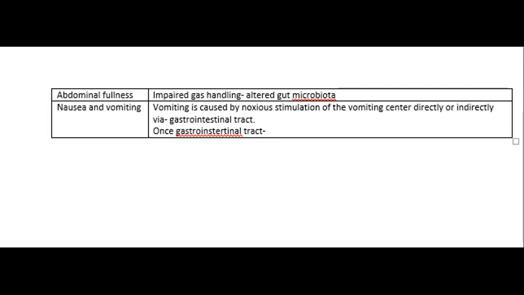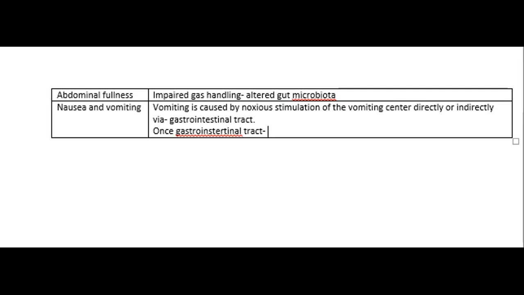To compensate for this, our stomach creates a mechanism to expel all these contents, and through this mechanism we get vomiting. Before vomiting, the vomiting sensation is nothing but nausea.